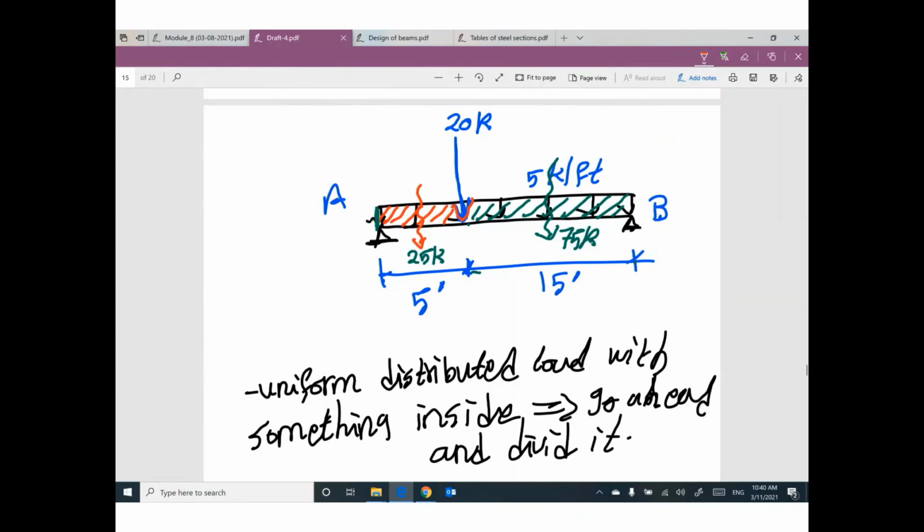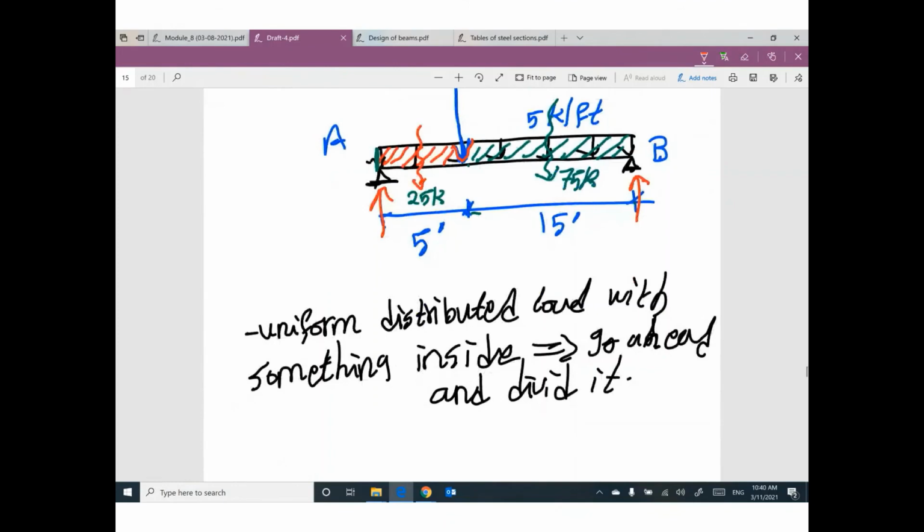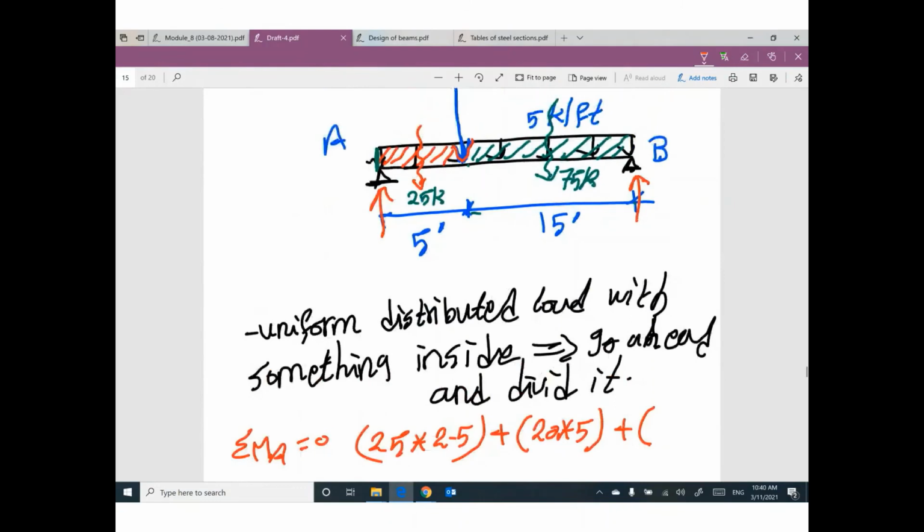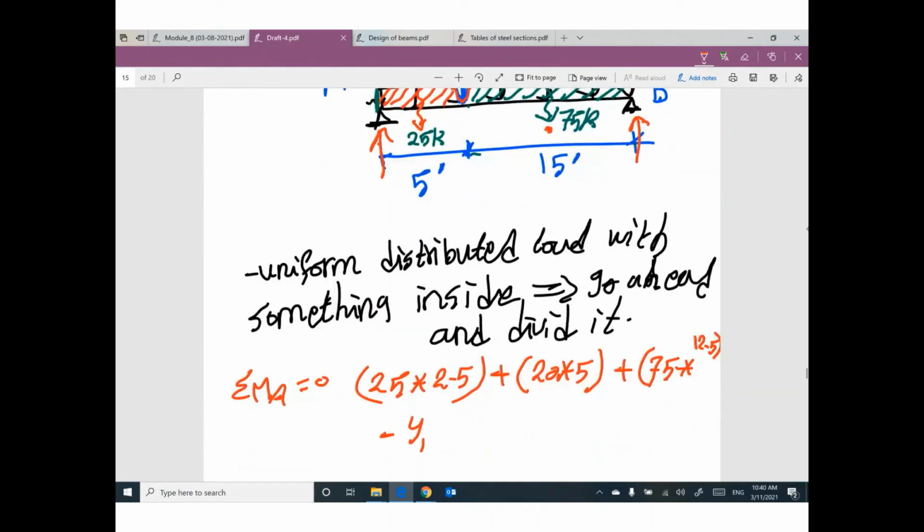Go ahead and figure out the reactions. If you take moment at A equals 0, we have 25 times 2.5, plus this concentrated load 20 times 5, plus 75 times what? What is the distance between this point and this point? 12.5, minus reaction YB times the whole distance 20 equals 0.